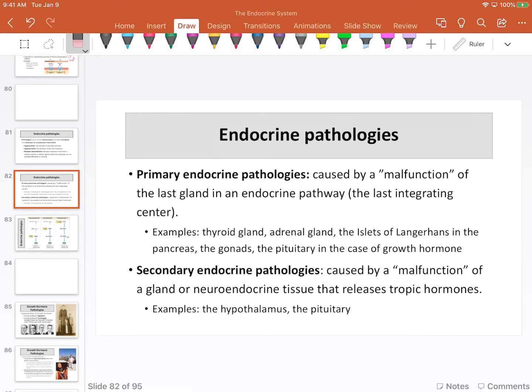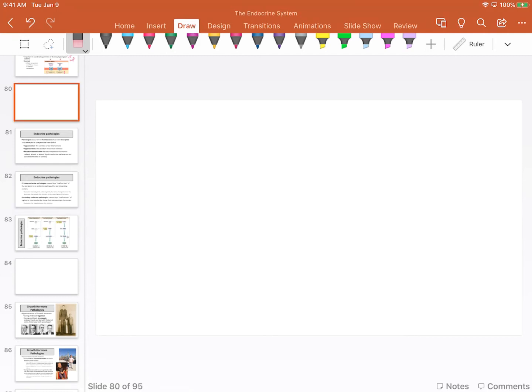Now, I want you to remember that even though we have our integrating centers, let's see here, I need a place to draw. I'll draw right up here. So even though I mentioned we're going to have my integrating center 1, which often is the hypothalamus, and that's going to release my releasing hormone, and then I'm going to have my regulatory hormone center 2, and that's usually the pituitary, and I'm going to release my pituitary hormone, so anterior pituitary hormone in this example.